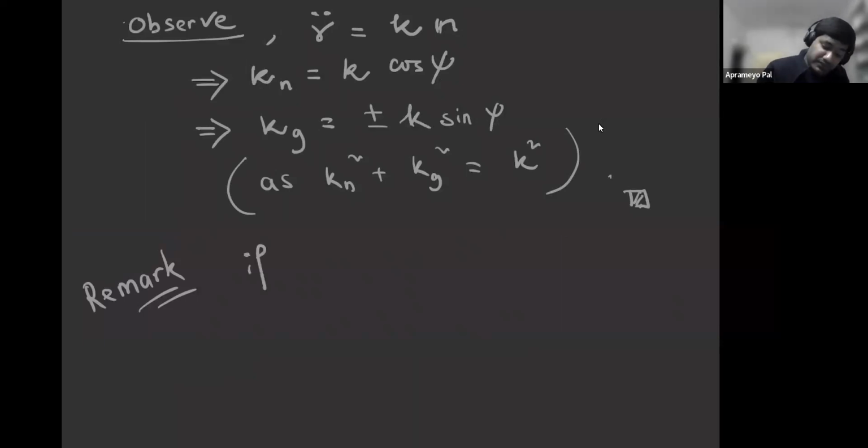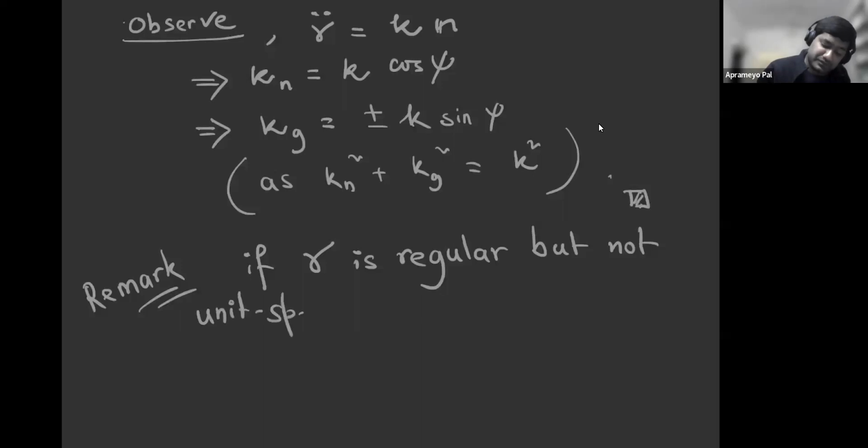If gamma is still assumed to be regular, but not unit speed, then there is no worry. Then you just take a unit speed parameterization. You have seen that if it's a regular curve, then there exists a unit speed parameterization.